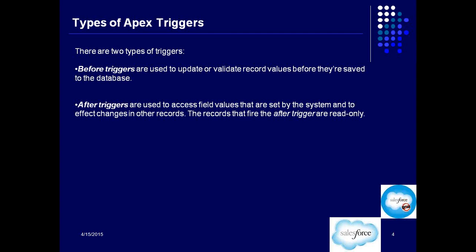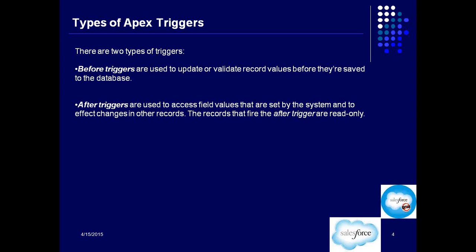There's a small thing here. After triggers are used to access field values that are set by the system and to effect changes in other records. So an after trigger will be used for making changes to other records, not to the record which just got saved or inserted.